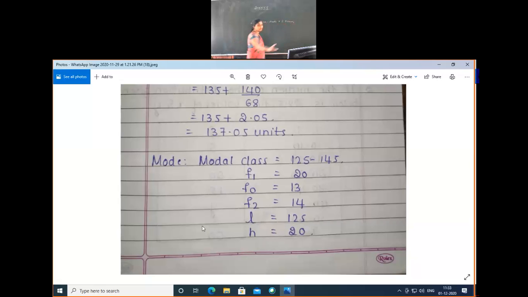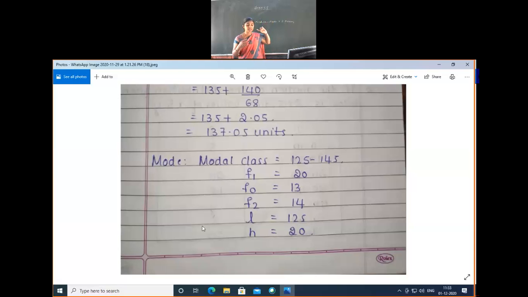Then mode. I told you, one formula is there actually: 3 median is equal to mode plus 2 mean. You can use this formula also to get the mode.